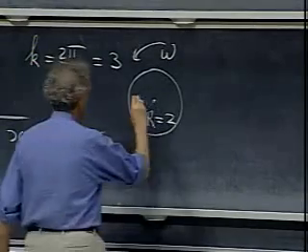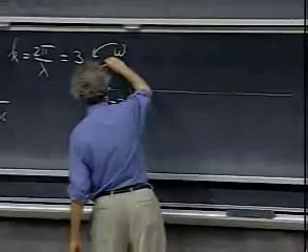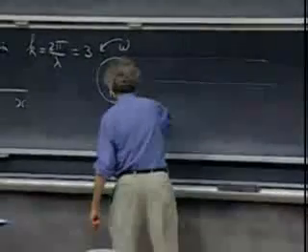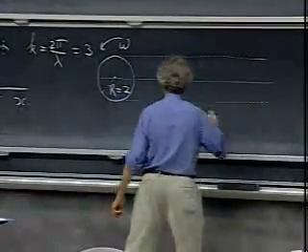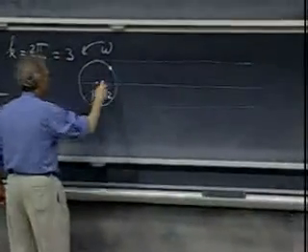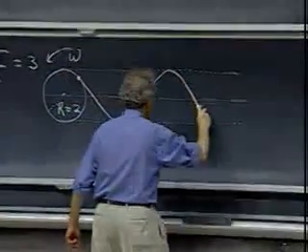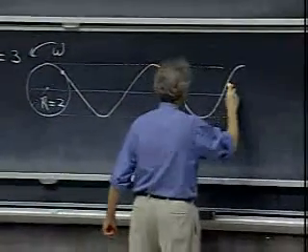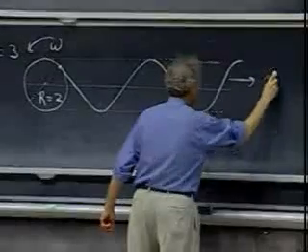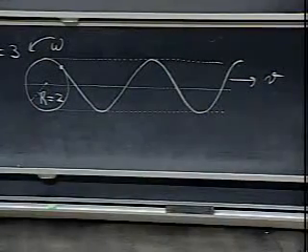And I attach to this a string, and I put some tension on the string, so that I create a wave as I rotate it. The wave is going to propagate into the string with a velocity, let's say, v. So I can generate a traveling wave.